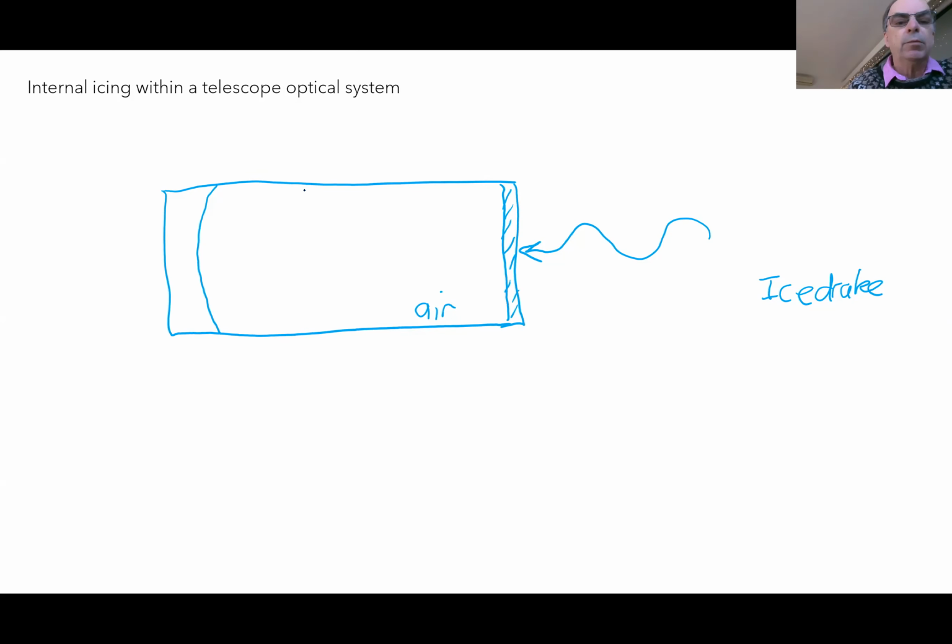Well, one option is to put a cold finger inside the telescope. If you can cool down something significantly lower than the air temperature, all of the water molecules can condense onto that. Another thing to do is to put a desiccant in there. The desiccant is something which absorbs water vapor, and you have to choose that very carefully.